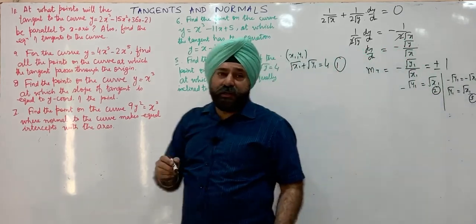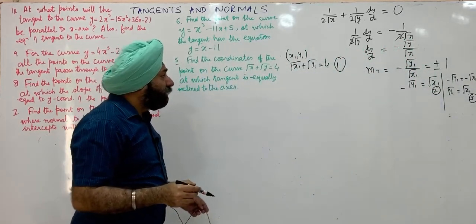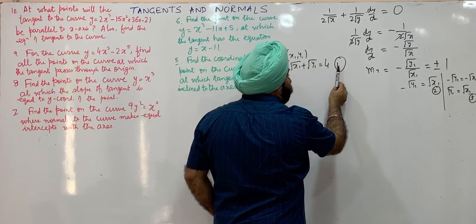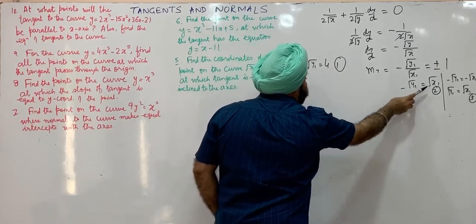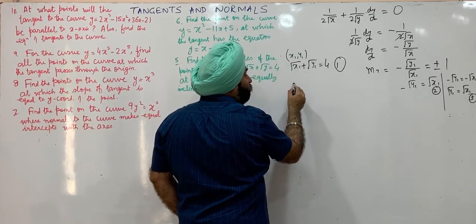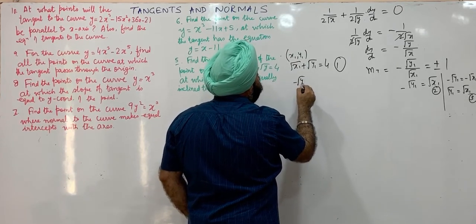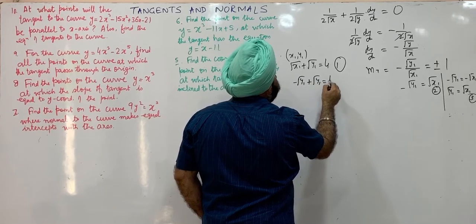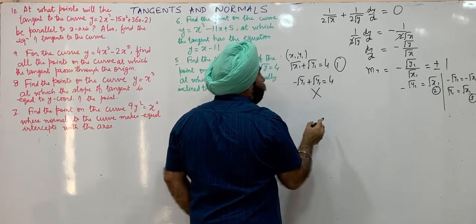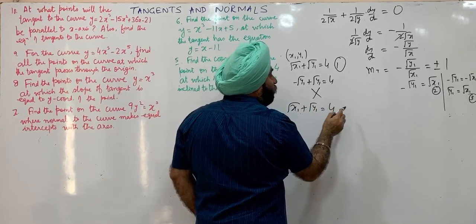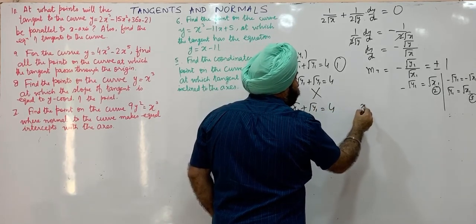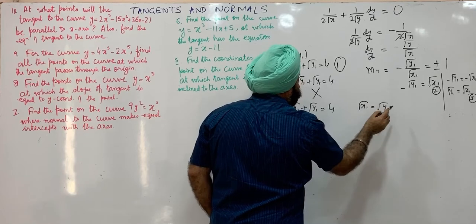How do we find the values of x1, y1? We solve equation 1 with 2 simultaneously. So we put root of x1 as minus root of y1. This is not possible. Then we take equation number 1 and equation number 3, root of x1 equal to root of y1.